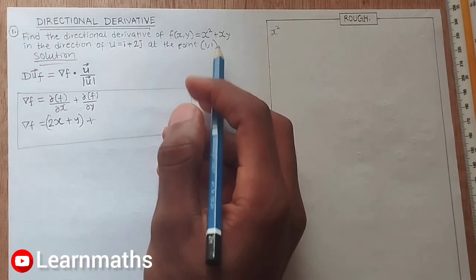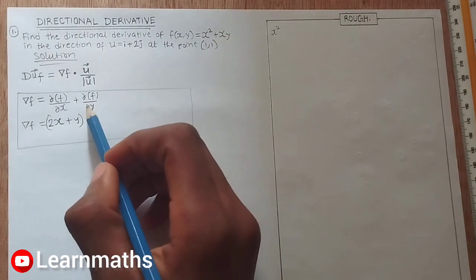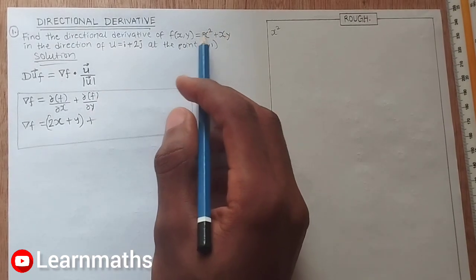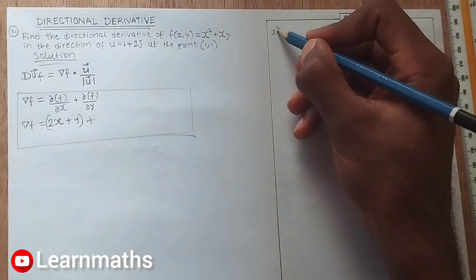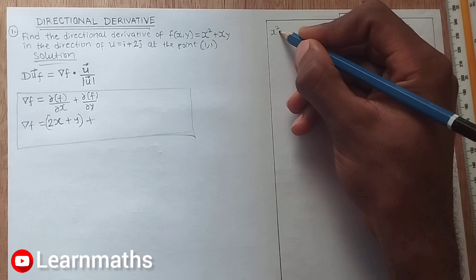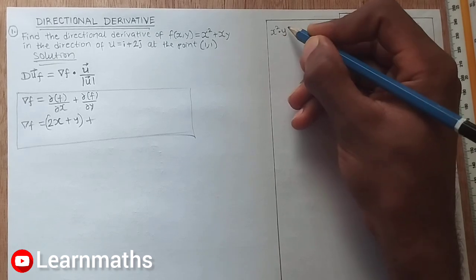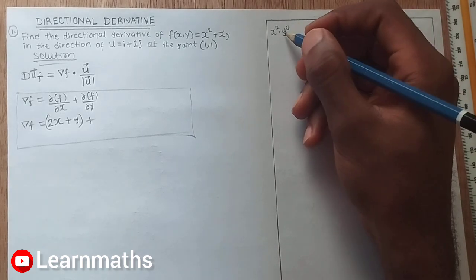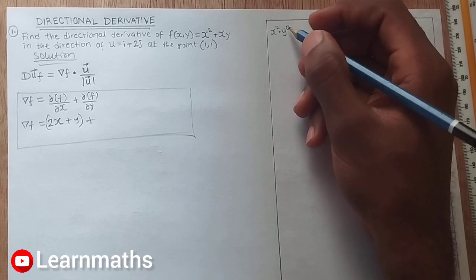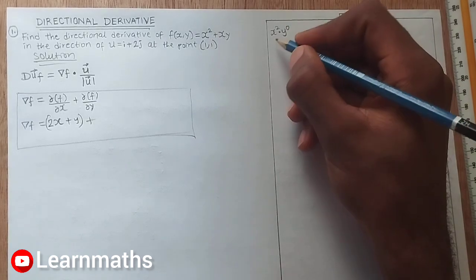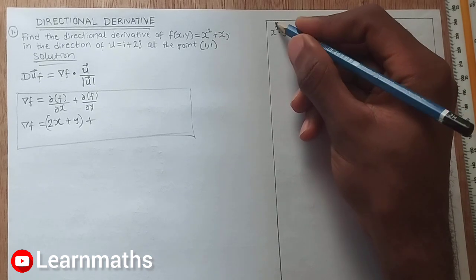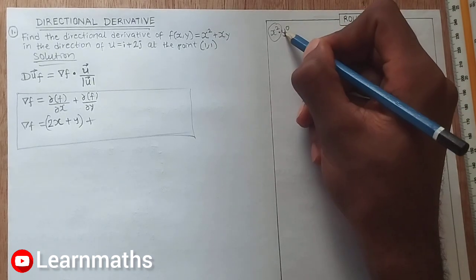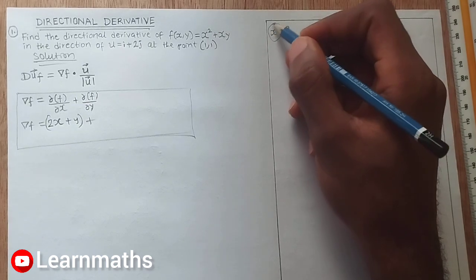My bad, I skipped that part. Let's differentiate now with respect to y. Differentiating the first term with respect to y gives 0 because it does not have any y attached to it. I'm going to introduce y raised to the power 0. There is a y there, but it has a power of 0, so it's just there as 1. Since we differentiate with respect to y, every other term is a constant.